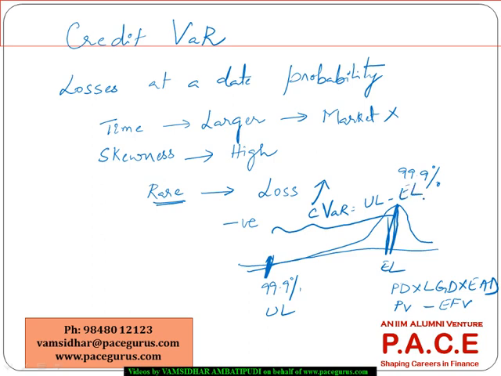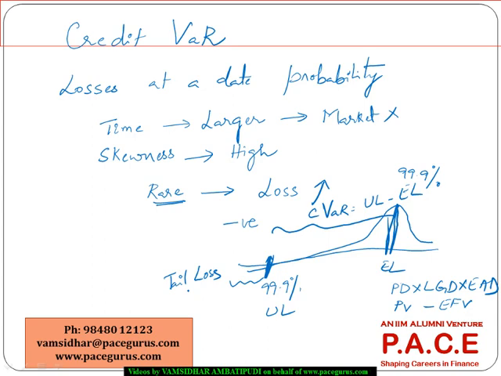This is what is coming out as credit value at risk. And of course, something beyond this particular amount is classified as the tail loss. The tail loss is the loss even beyond the unexpected loss itself. So this is how the credit VaR needs to be computed.